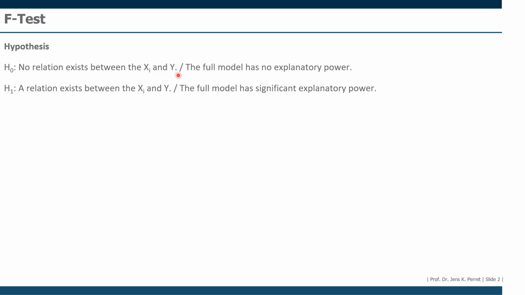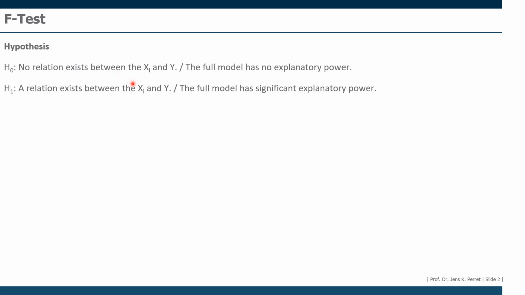However, the idea is we are doing this to show whether the model has no or significant explanatory power. That's, however, not really what is tested. What is tested is more or less whether one of the coefficients is significantly different from 0. Well, at least one of the coefficients, or H0, all coefficients are equal to 0.